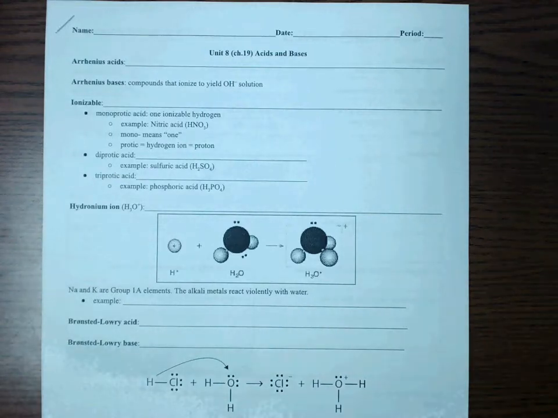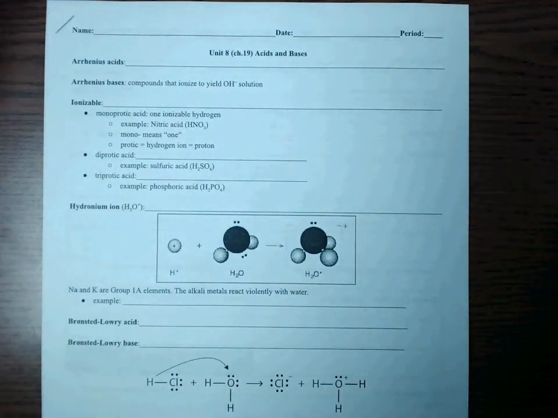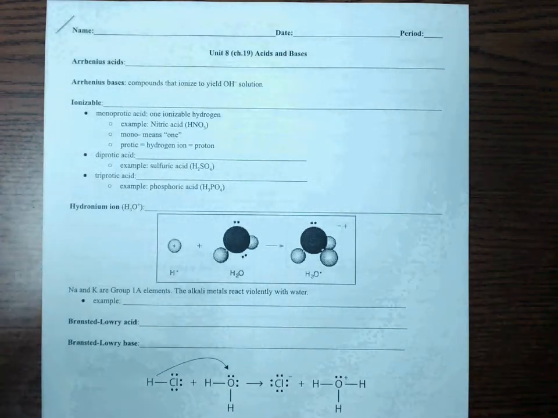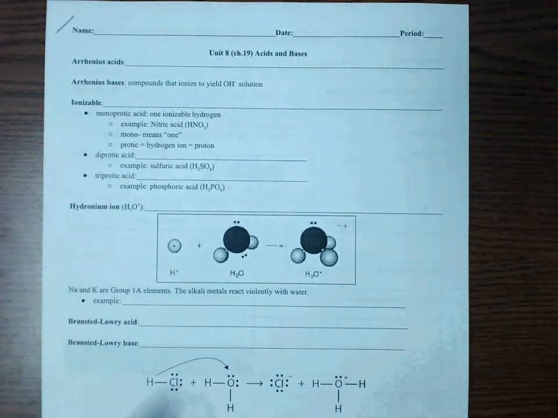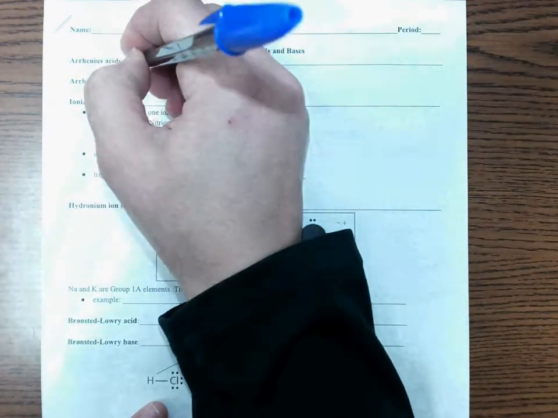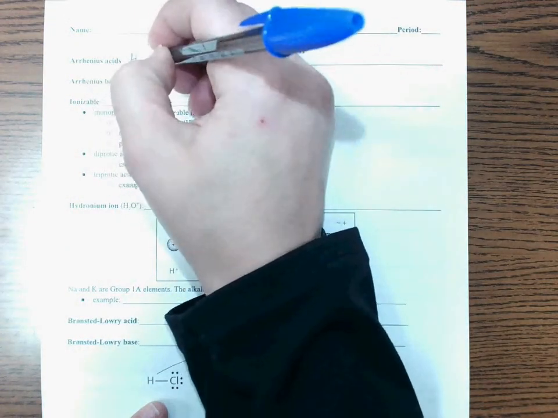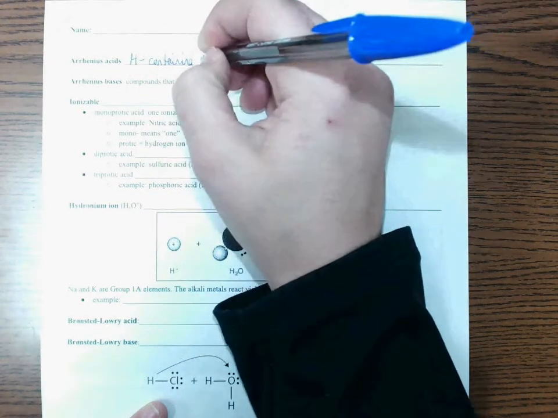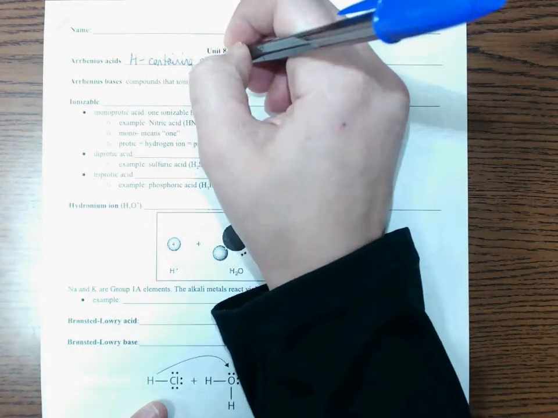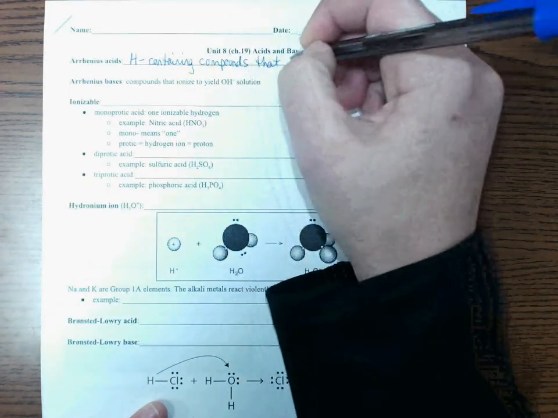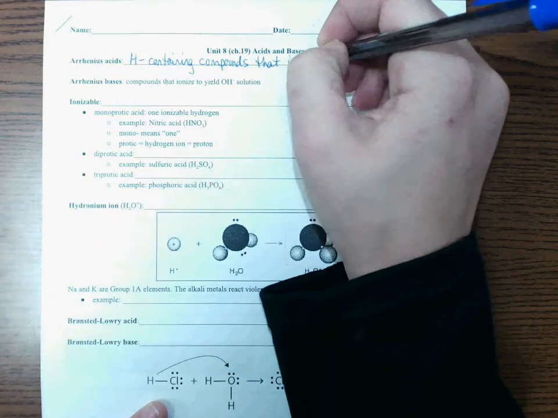These definitions come from Svante Arrhenius, a Swedish chemist, who's also a physicist, who did work in the mid to late 1800s. So he classified an acid as a hydrogen-containing compound that ionized to yield hydrogen in solution.